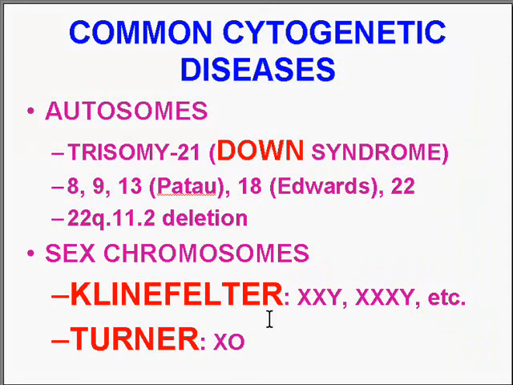And of course, in males, we're going to talk about Klinefelter syndrome or Klinefelter disease, if you will, in which there's at least one extra X chromosome in the male, usually one, sometimes 2 or 3, or Turner syndrome, which is the absence of the second X chromosome.